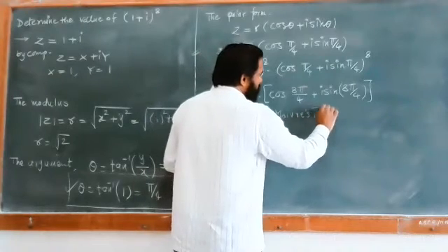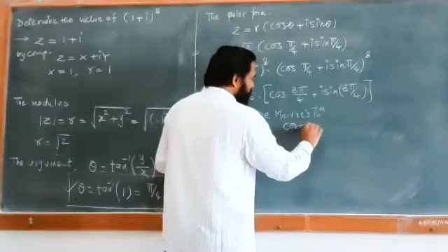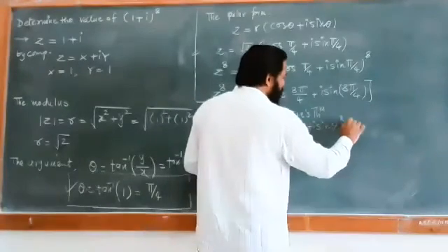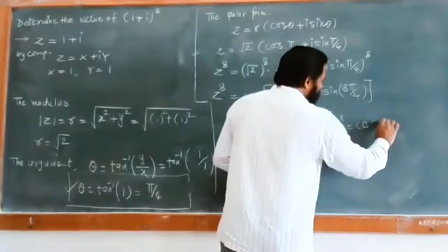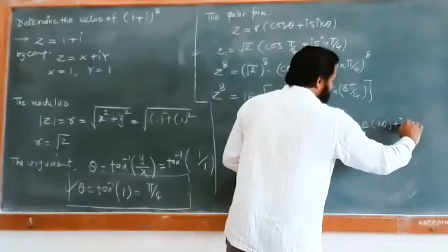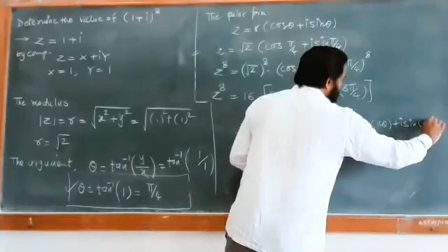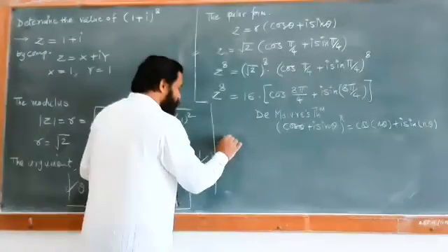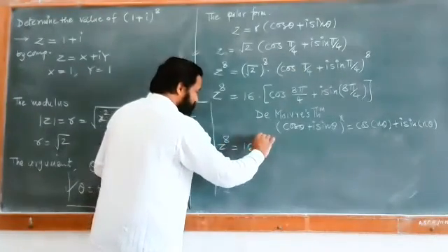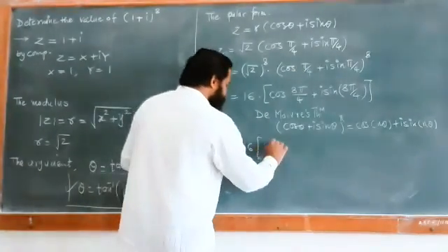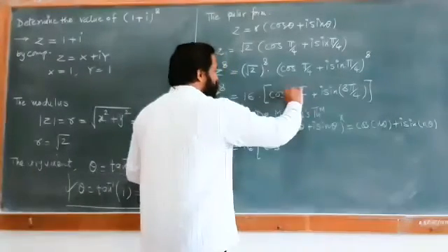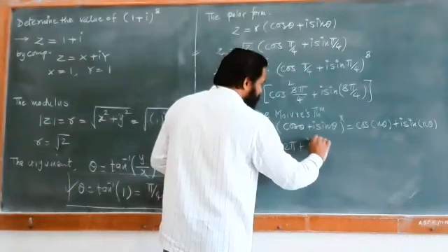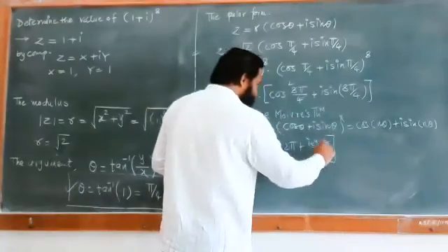So the de Moivre's theorem is cos of theta plus i sin theta raised to n is equal to cos of n theta plus i sin of n theta. And now, what is the value of this? That is z raised to 8 is equal to 16 into cos of 2 pi plus i sin 2 pi.